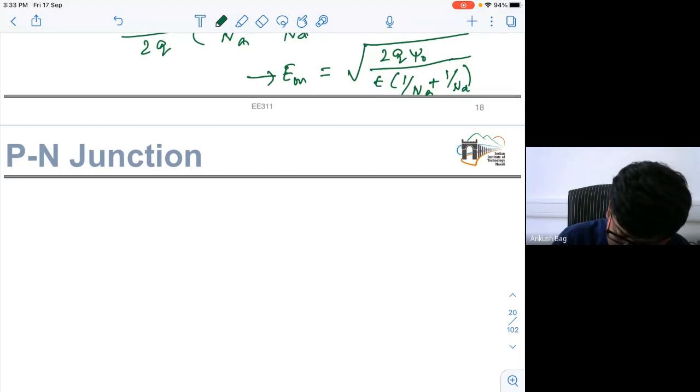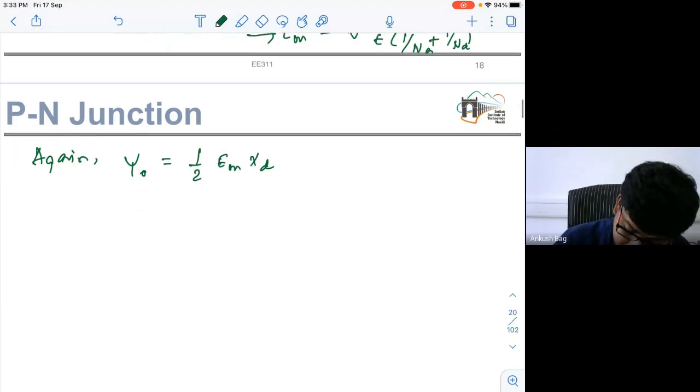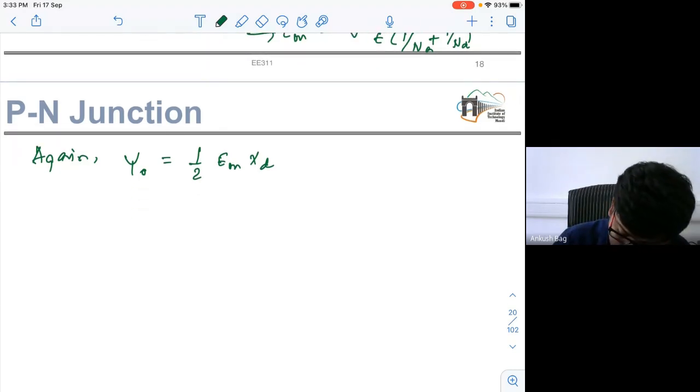So once again we can write this psi naught equals half into the peak electric field multiplied by xt. So then from here your xt equals 2 psi naught divided by Em.